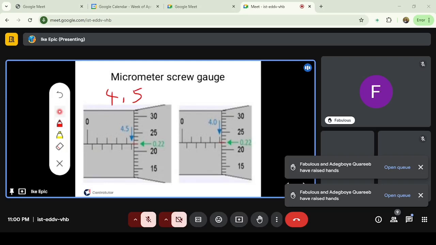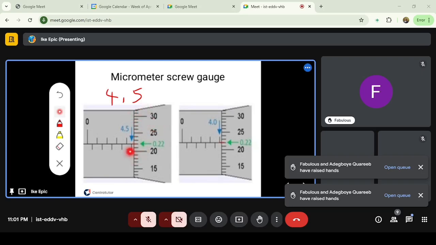Then we look at our auxiliary scale reading. It starts from the bottom going upwards: 15, 20, 25, 30. If this is 15, this small one will be 16, 17, 18, 19, then 20, 21, 22, 23, 24, 25, 26, 27, 28, and so on.